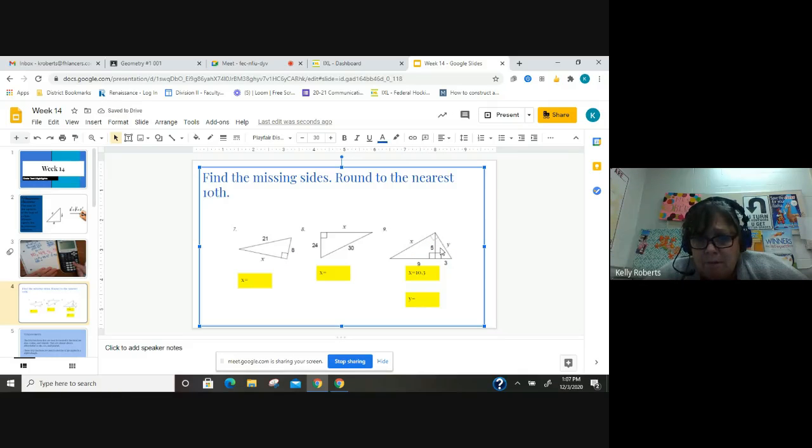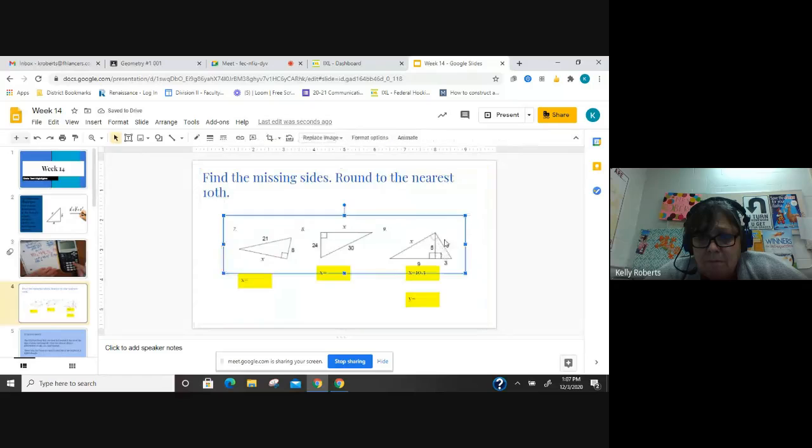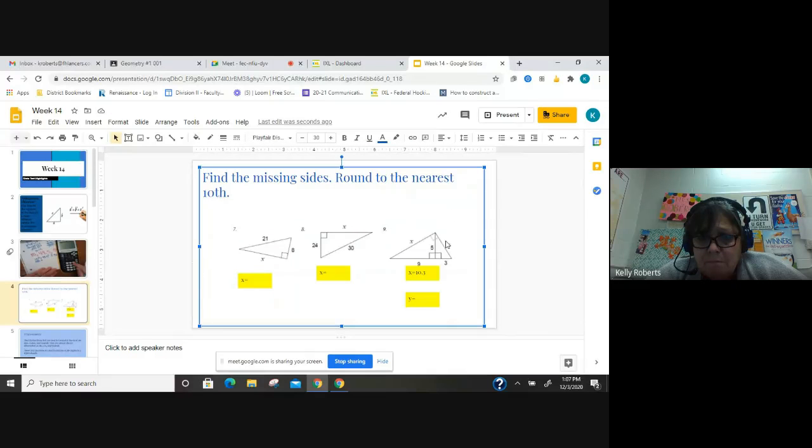All right. So if I put my cursor there and just block the right triangle and only look at the left triangle with 9, 5, and x. 9 and 5 are the legs. x is the hypotenuse because it's directly across from the 90-degree angle.